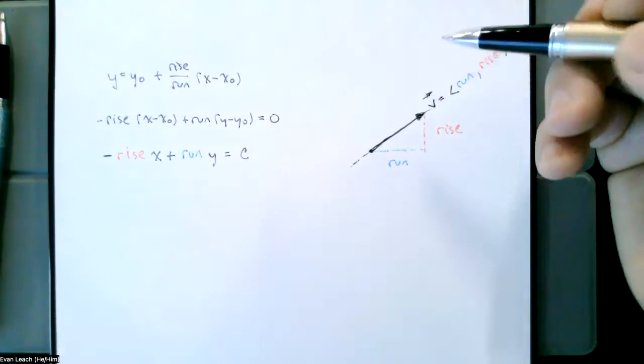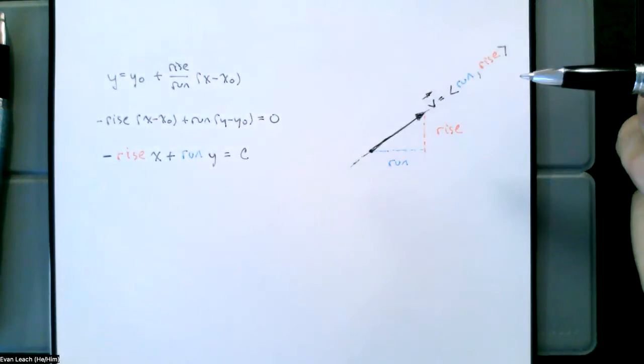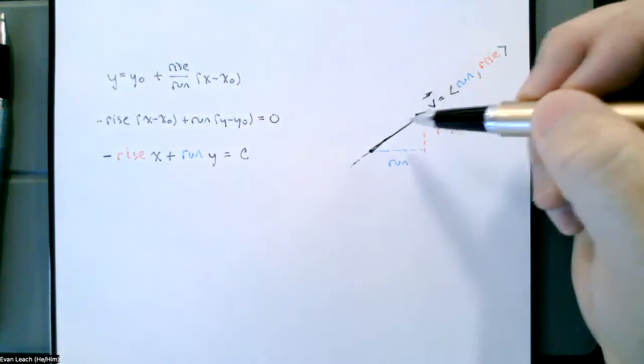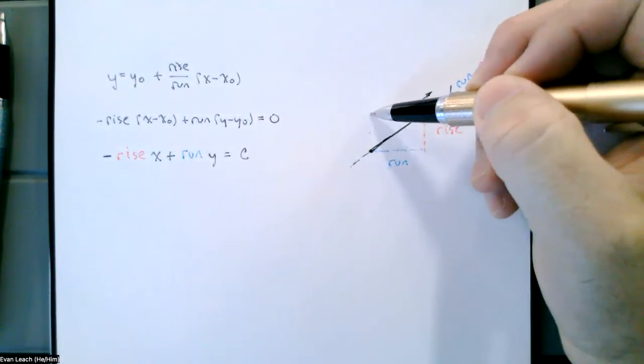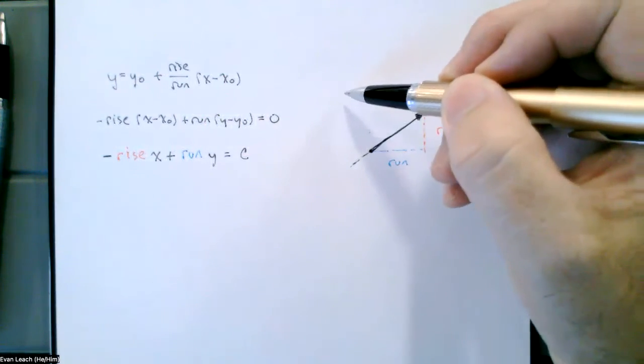The perpendicular slope will be the opposite and the reciprocal. So instead of 2/3, it'll be a 3 over -2.